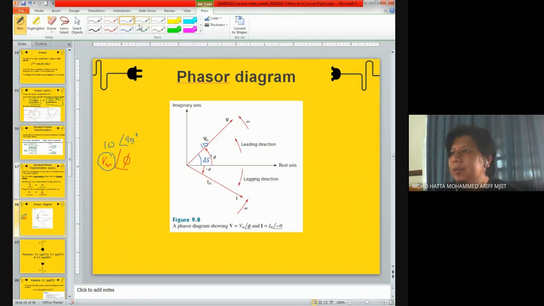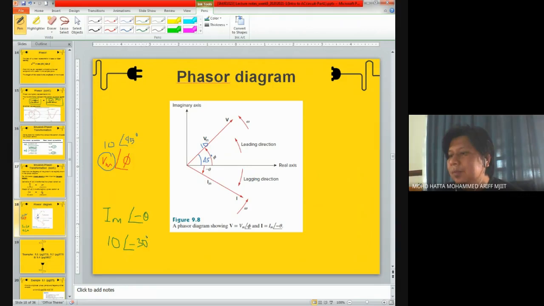Let's say we have another one, Im with angle of negative theta. Let's say the value here is also 10, and the angle is negative 30, for example.